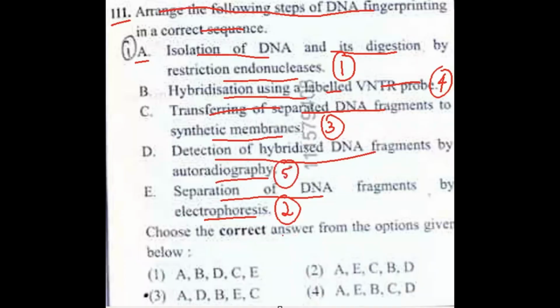Now we have to choose which option will be the correct answer. Option 2 will be the correct answer, with A first, then E will be second, C will be third, B will be fourth, and the last, D, will be fifth.